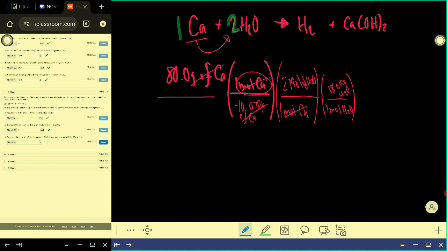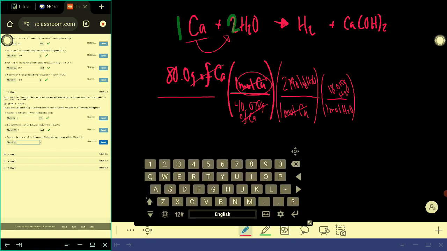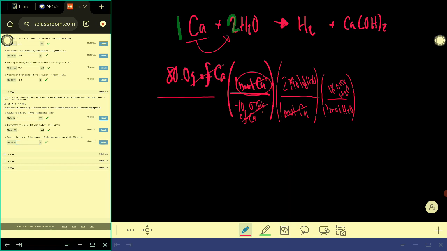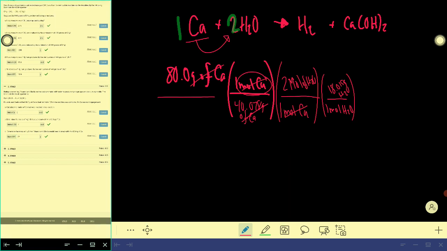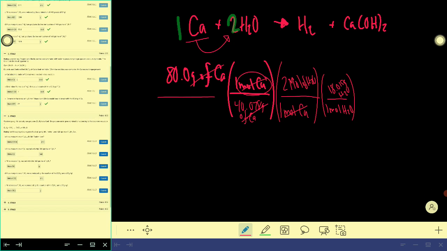And I'm going to take it times 18.015, and I get about 71.92. And I have 3 sig figs to work with, so I'm going to say 72.0 grams of H2O. Again, it took away my sig fig, but hopefully you know how to do it.